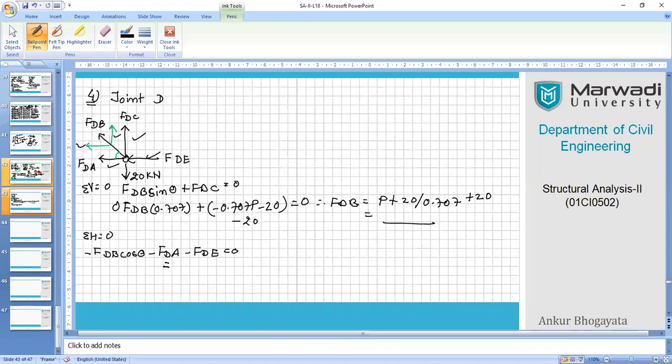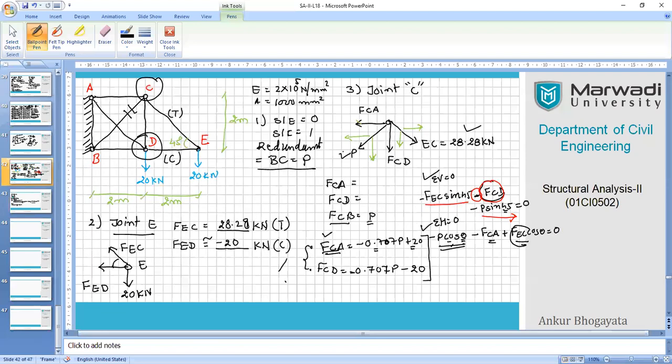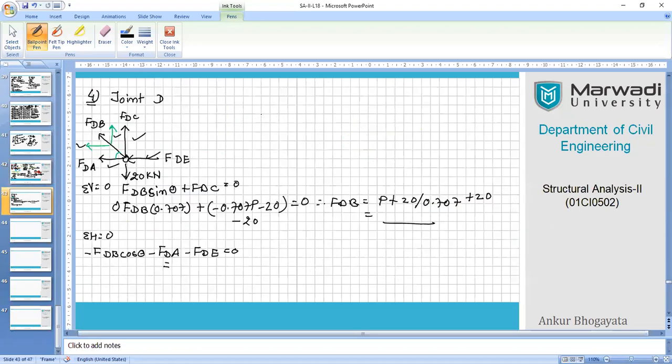This is actually DB. I think I have made a mistake in writing these names of the forces. So such a blunder should be avoided immediately. Please rework on this. I'm giving you the revised write-up. Please make a note on this. This is force FED.